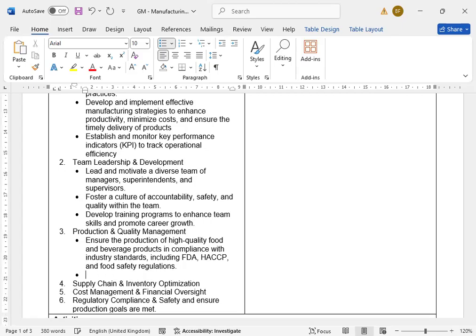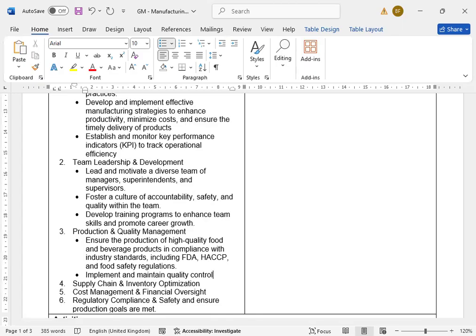Then the next one would be to implement and maintain quality control. Some companies call it QC or QA, quality control or quality assurance.